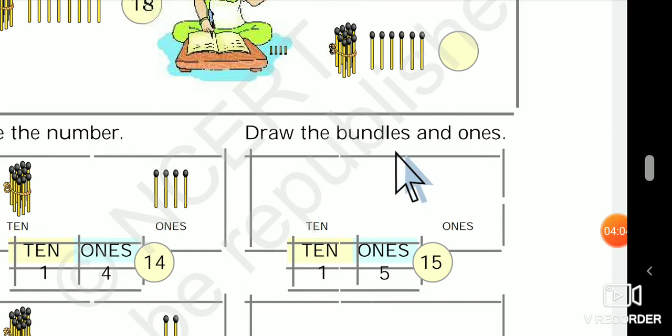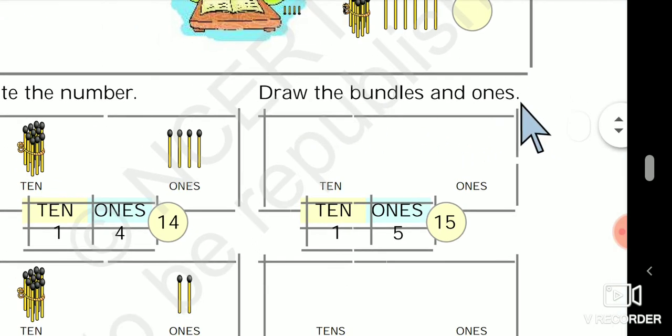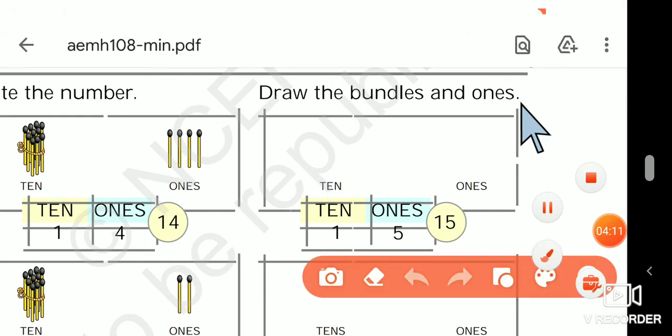Draw the bundles and ones. Here we have to draw bundles and ones. There we have to draw. 1 means a bundle and 5 means 5 loose matchsticks. So we have to draw.